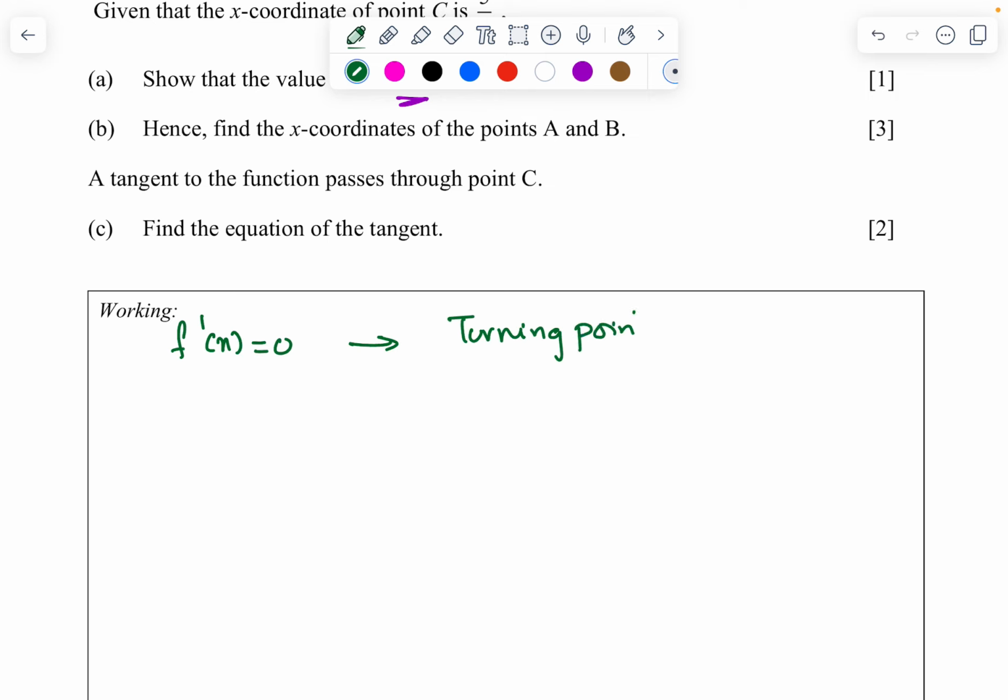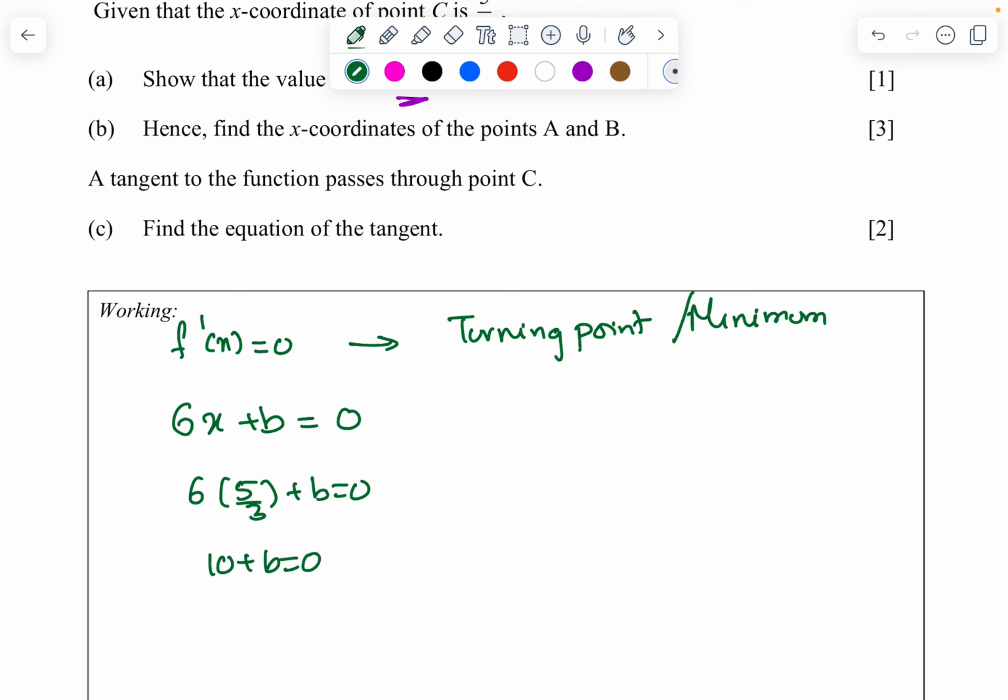it is a turning point or the minimum point. At the turning point or minimum point, the first derivative equals 0. So the first derivative is 6x plus b, which should equal 0. But x is 5 upon 3, so 10 plus b equals 0, and b equals negative 10.